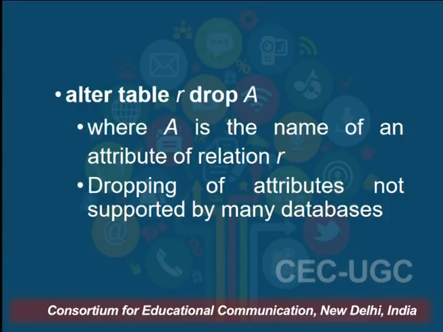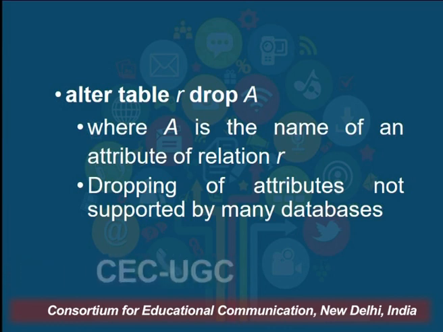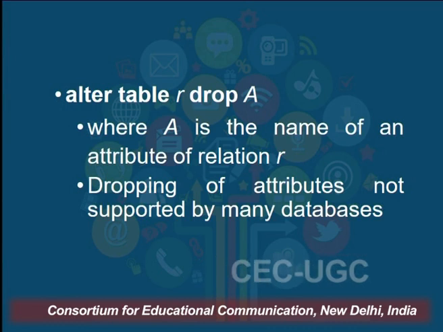Now, if we want to drop a particular attribute, or delete a particular attribute, then also we need to use the command alter table. It will be alter table R drop A, where A is the name of the attribute of the relation R. So we can write alter table instructor drop salary, where salary is the name of an attribute of the relation instructor.